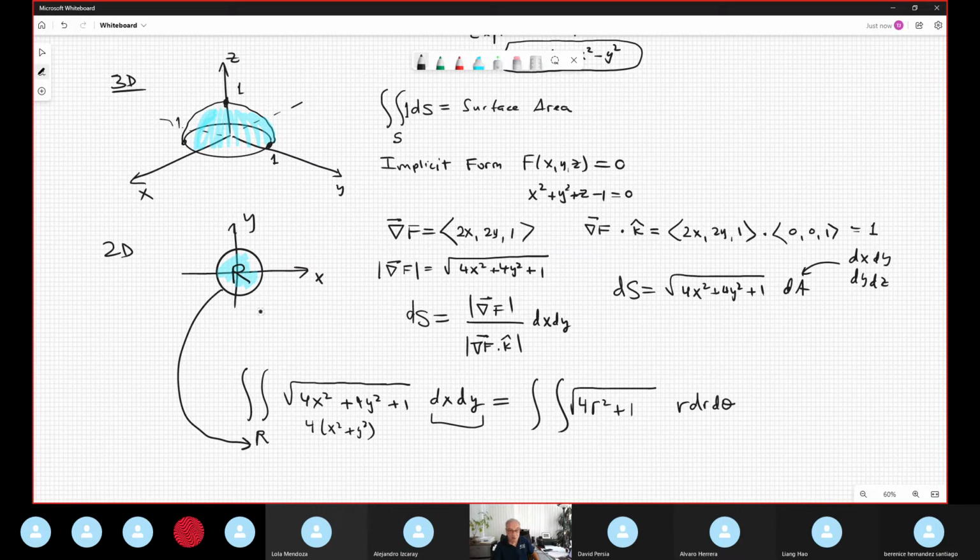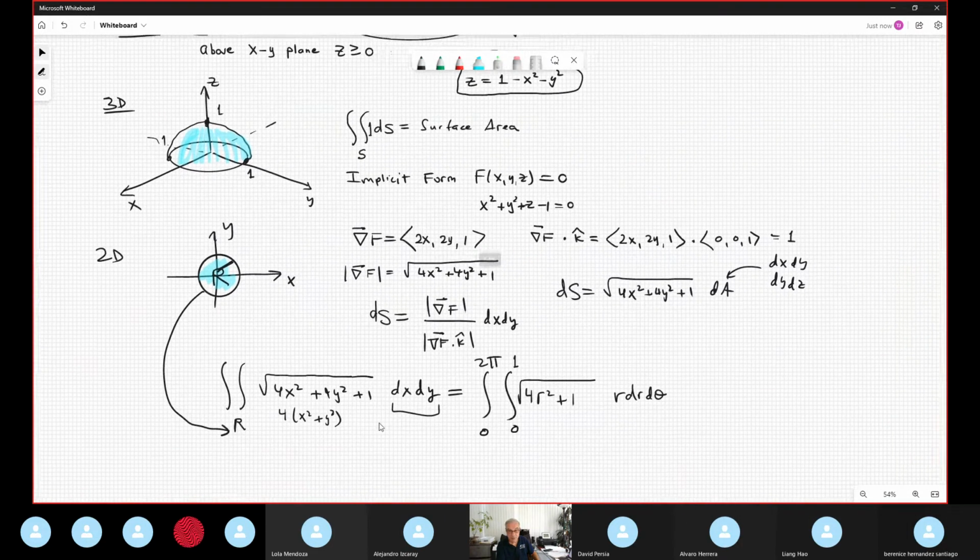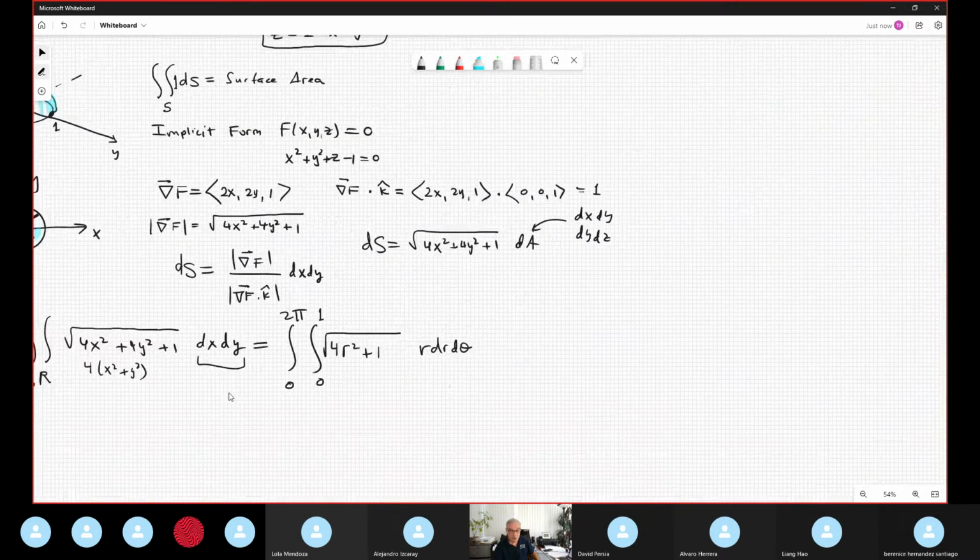And the limits are obvious: r from 0 to 1, the radius of this region, and theta from 0 to 2 pi. This is not super complicated, but it's doable. You can separate, and you apply substitution. The answer is 5 radical 5 minus 1 over 6 pi.